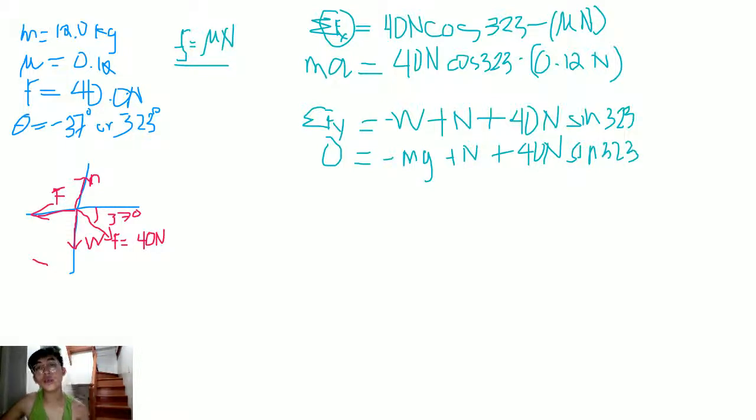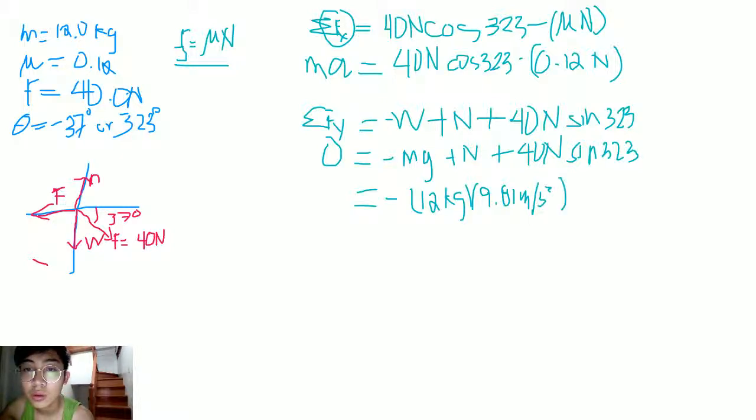So, ngayon, dahil 0 to, we can solve for n dito kasi alam natin si value ni mass dito na 12.0 kg times 9.81 m/s squared, plus n plus 40N sine 323.